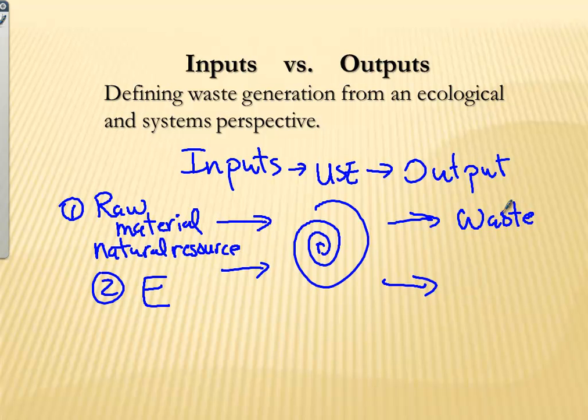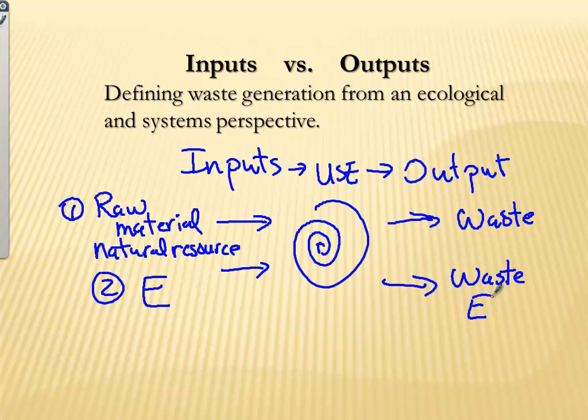And then also, don't forget, because of the laws of thermodynamics, the second law of entropy says that as we go from one energy transformation to another, we end up with waste energy, energy that's no longer useful for us. This is the whole idea of entropy, and so you're going to end up with that as an output.